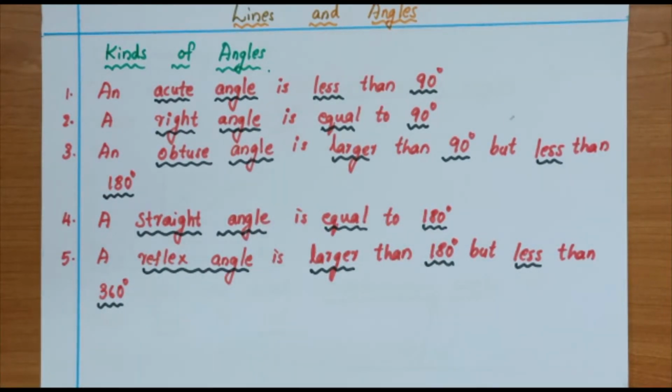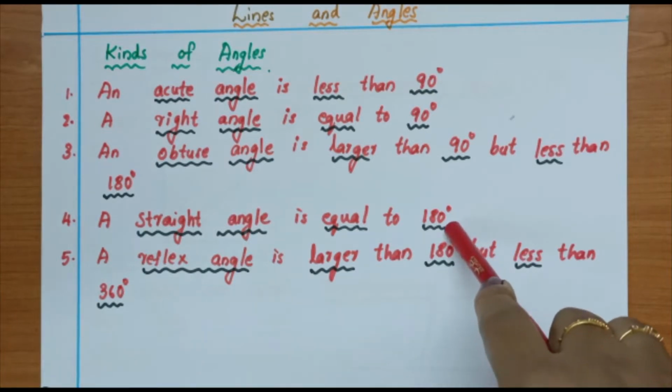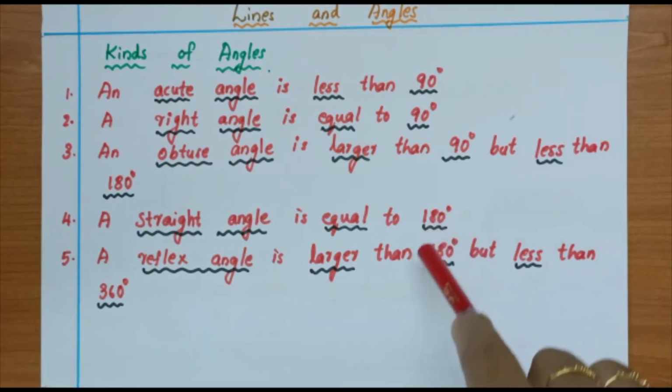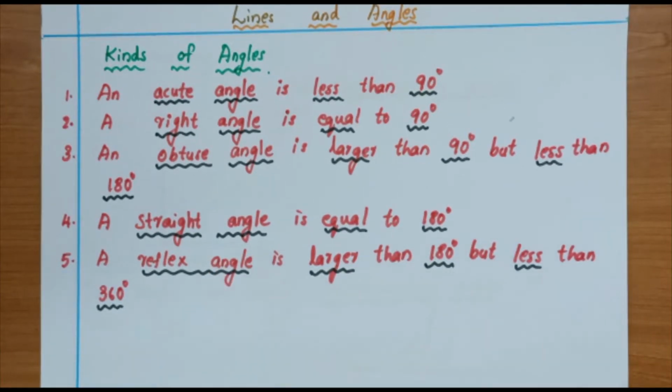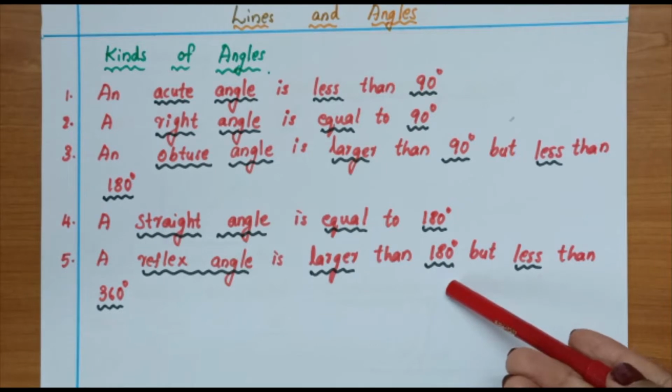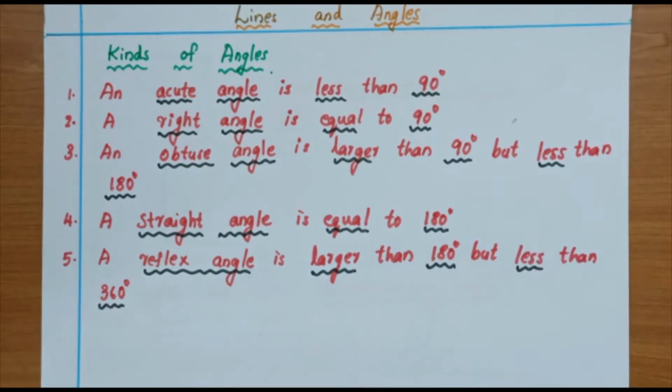The fourth one is the straight angle. A straight angle is equal to 180 degrees. If the measurement of an angle is 180 degrees, that angle is called a straight angle, and we can say that this is the measurement of a straight line. The next one is the reflex angle. A reflex angle is larger than 180 degrees but less than 360 degrees.